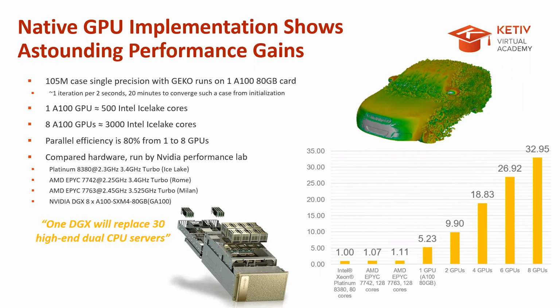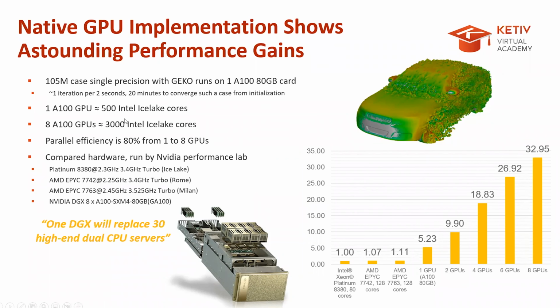So as you can see, if you look at the Intel Xeon Platinum CPU core as the basis, then you can get almost 5 times the speed up by using a single A100 GPU. And then as you keep adding the GPUs to the computation, by using 8 GPUs, you can get almost a 33 times increase in the speed up of this particular simulation.